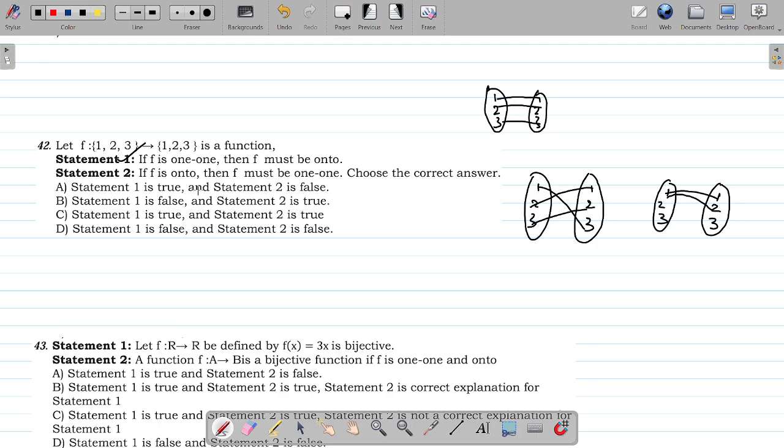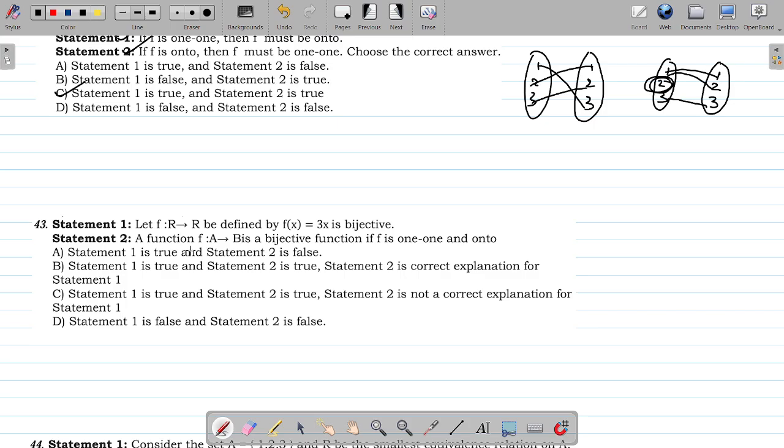Here they are telling it is an onto function, meaning every element in the codomain must have a pre-image. So 3 may be related to this, but 2 is left over, so it is not onto. Yes or no? So statement 2 is also correct. Both 1 and 2 are true.